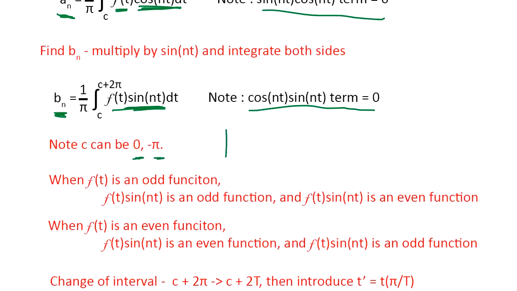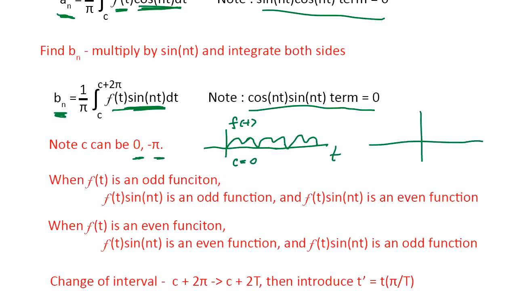That means you can make a repeated function like that. That's c equals 0.